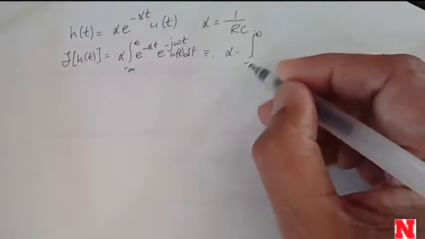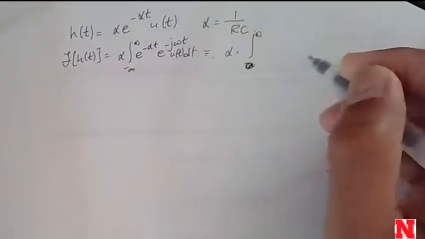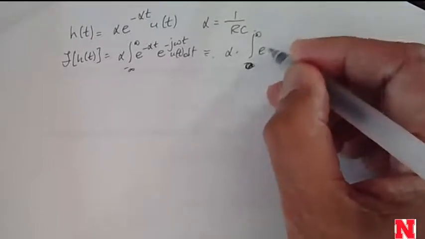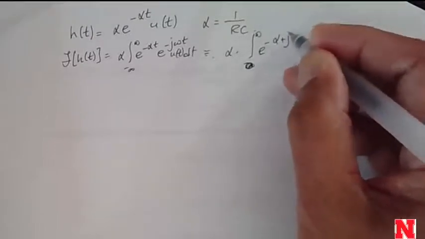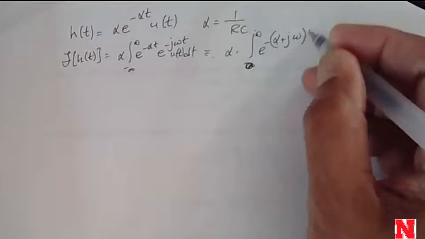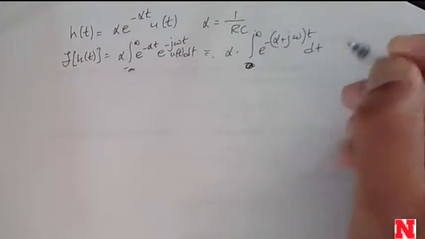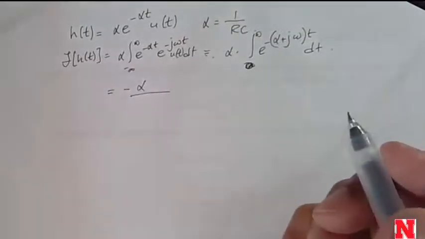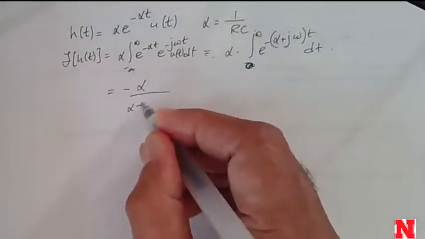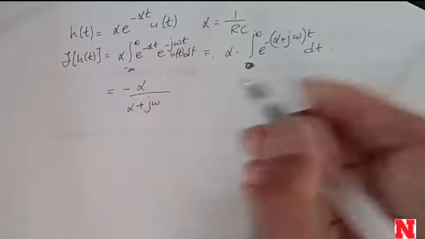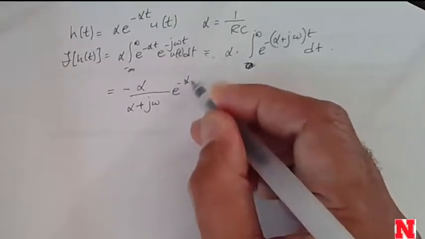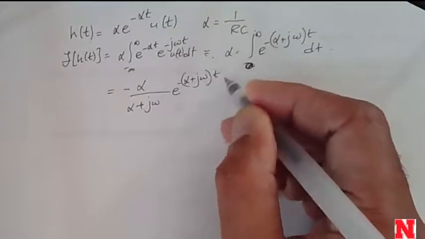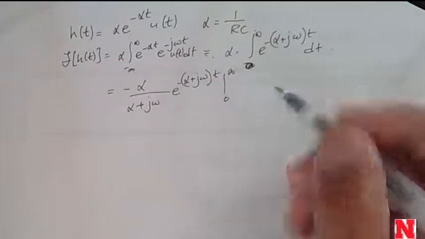So the u of t will make this 0 for negative t. So it will be the integral from 0 to infinity of e to the minus (alpha plus j omega) t dt. And that gives us minus alpha over (alpha plus j omega) times e to the minus (alpha plus j omega) t, evaluated between 0 and infinity.